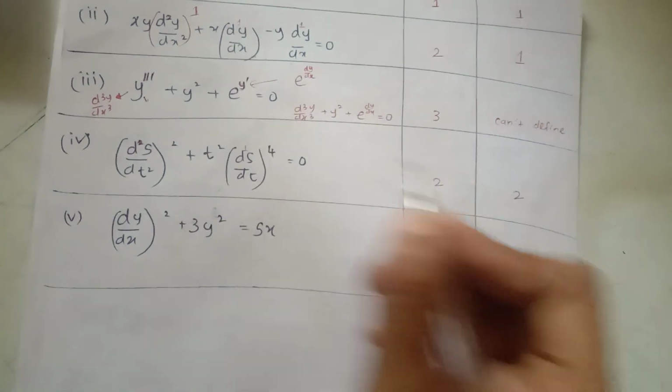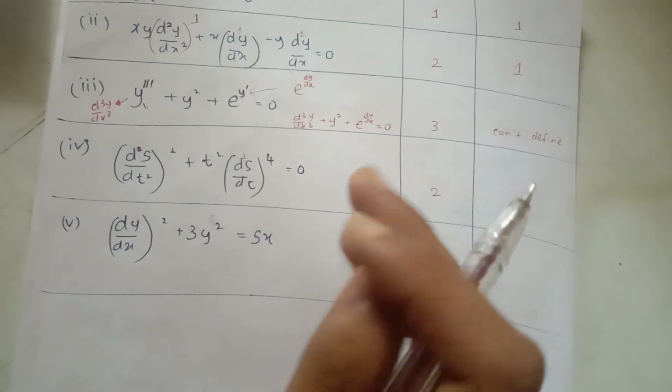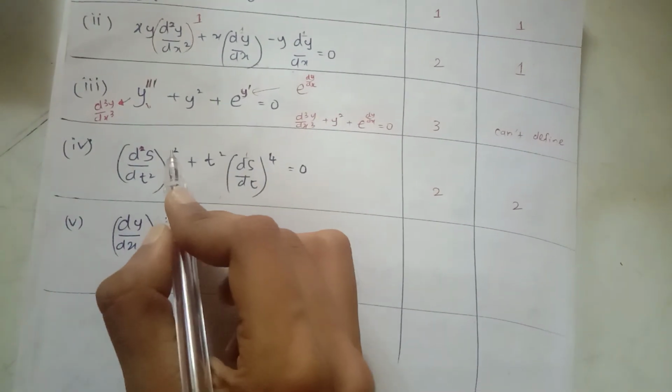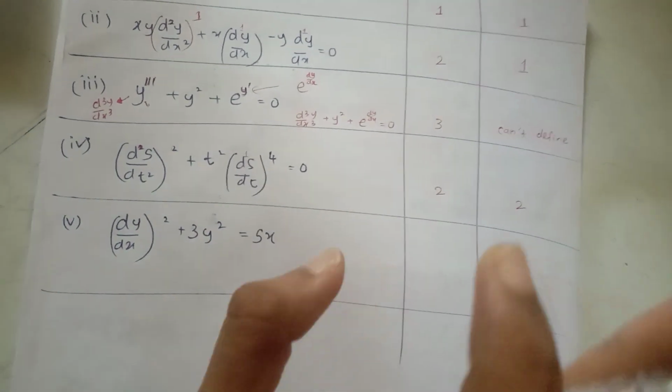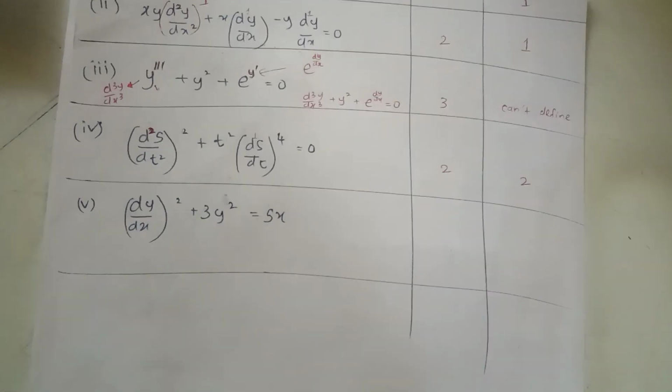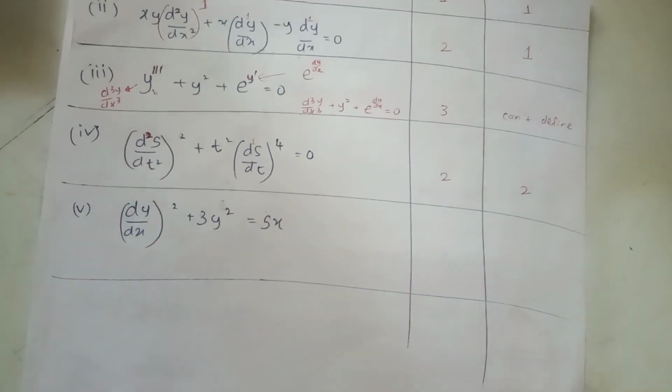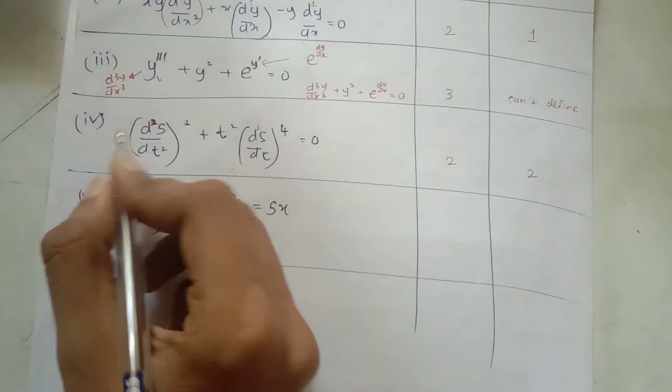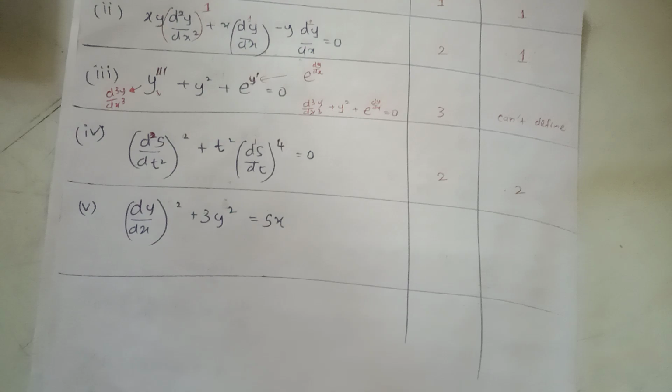We don't write 4 here just because 4 is larger than 2. No, that is wrong. You have to consider the highest derivative term, and the highest derivative term's power is 2. We write 2.